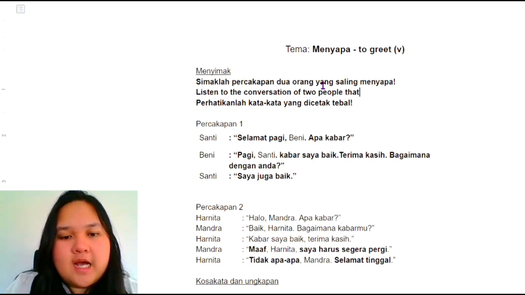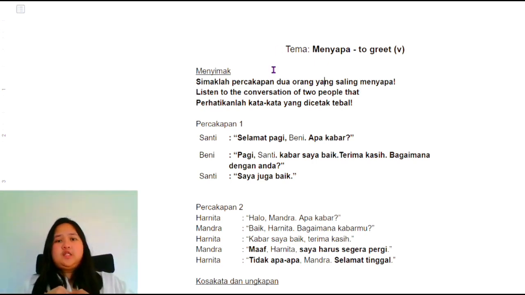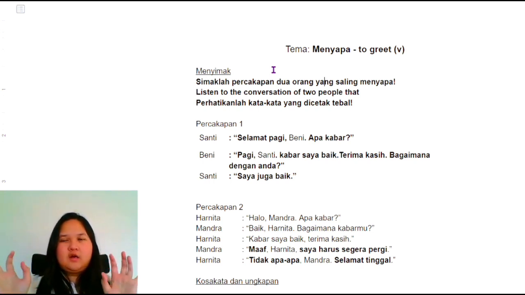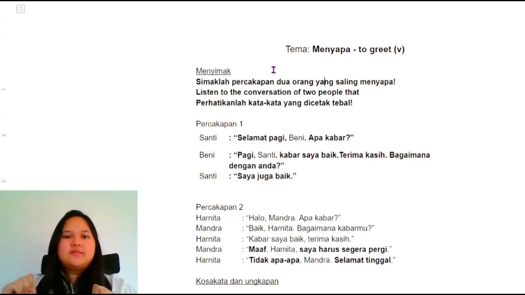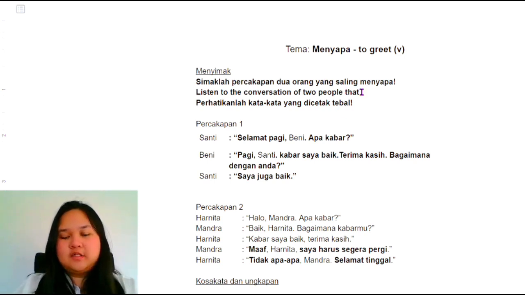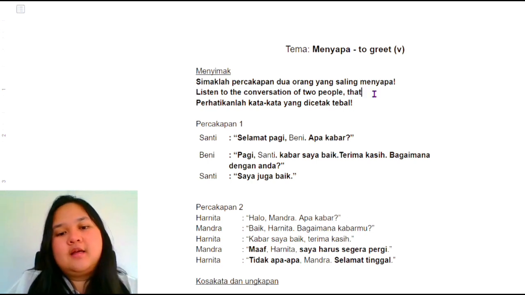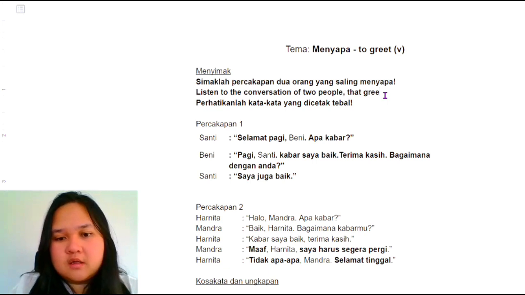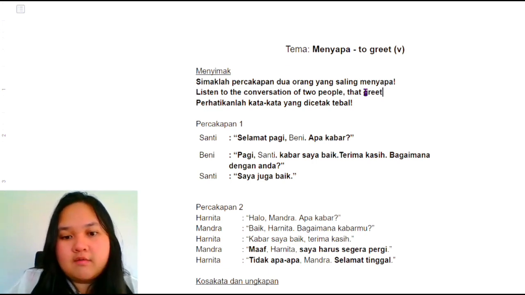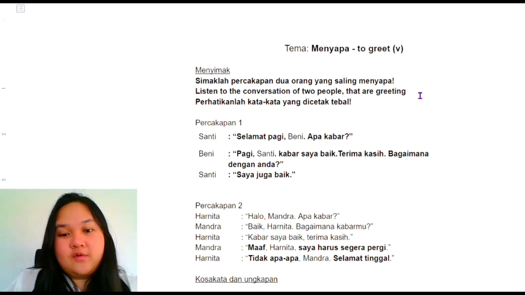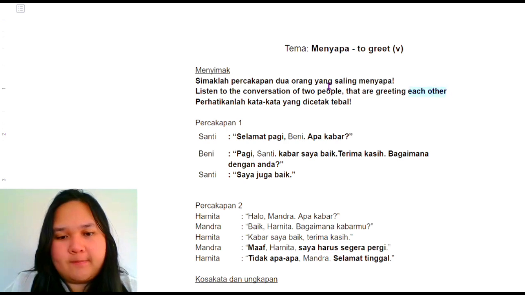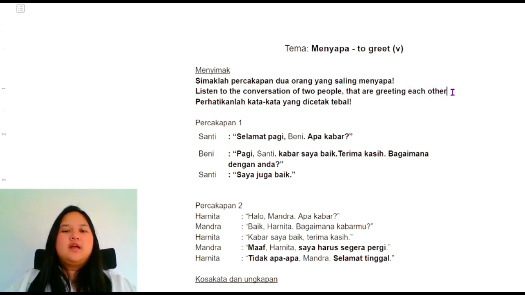That, so yang, is like a connecting word which can be used like which or what, but as a connecting word between two sentences. So here that is also possible. So two people that are greeting each other. Menyapa is greet. That is, they are greeting each other, right? Each other would be this one, saling. So yang saling menyapa, that are greeting each other.